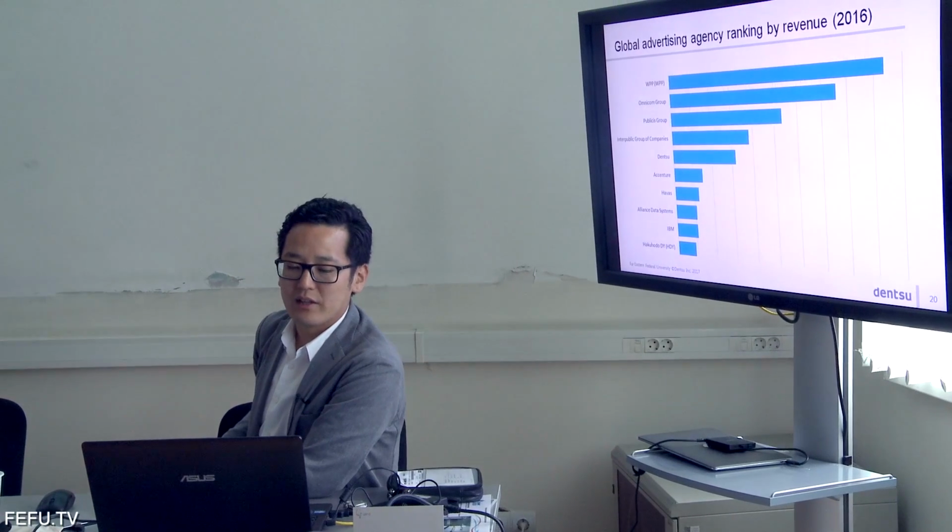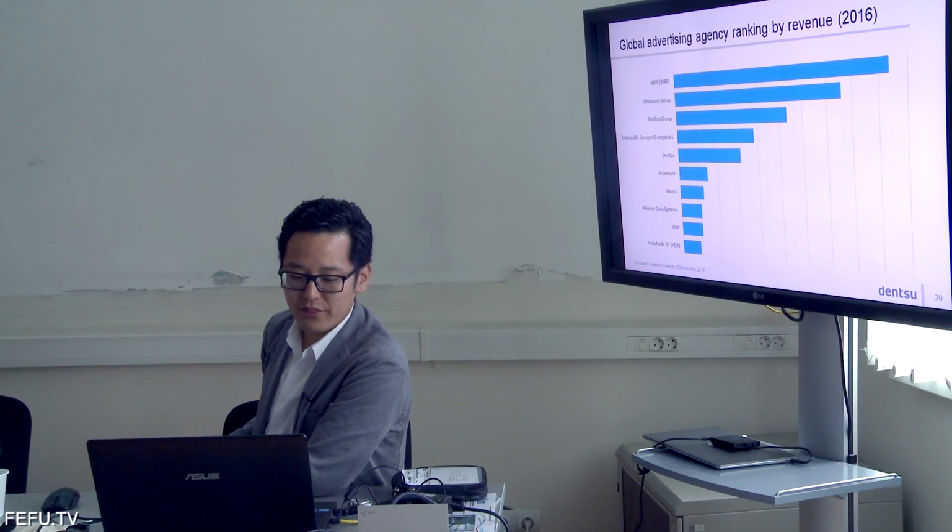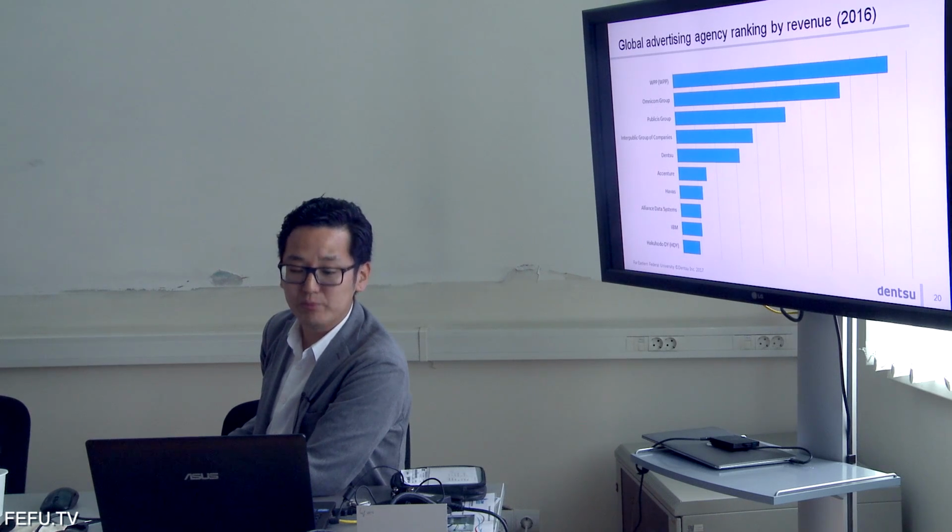And let me give you a quick idea of the main players in the advertising market. Those are the global advertising agency rankings by revenue in 2016. Number 1 group is WPP. You may have heard of it before. And the second is Omnicom. And the third is Publicis, which is a French company. And the fourth is Interpublic Group, which we call the IPG.